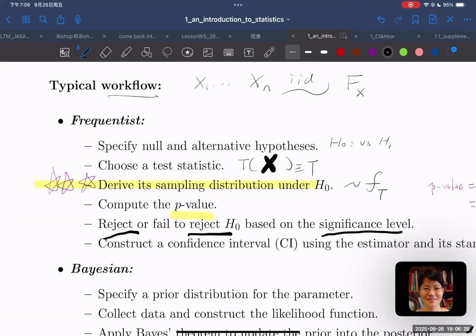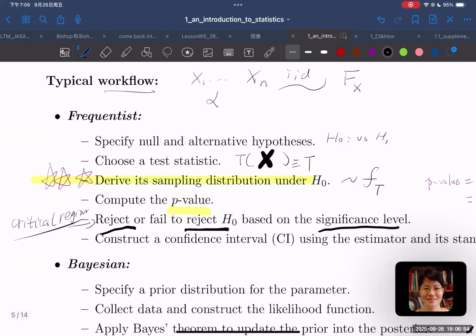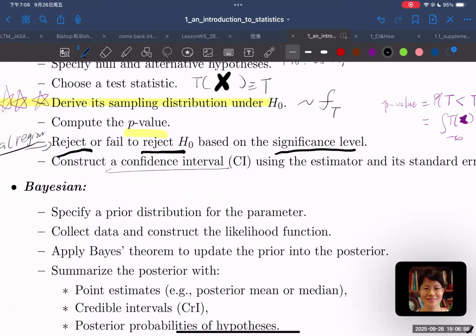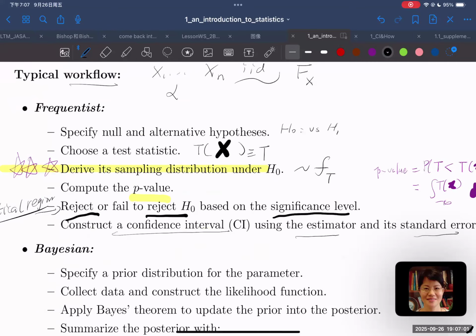So this is your random sample. And also you have a pre-assigned level of significance, usually the type 1 error probability. So we should have some critical region. What is a critical region? You may say this one is a rejection region, 否定域. And then construct a confidence interval using the estimator and its standard error. So this is the way that we do the frequentist test.